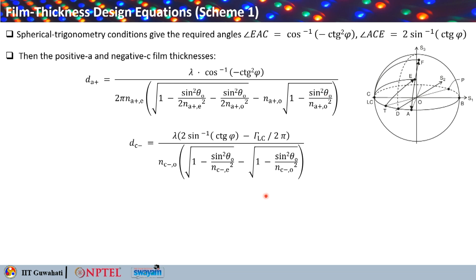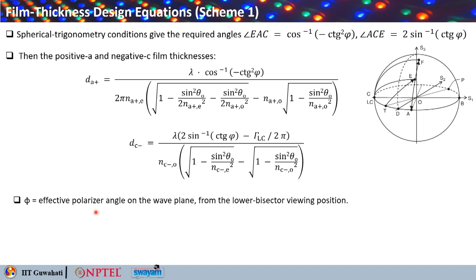You can always get these from standard catalog data for any commercial retarder films. Phi is the effective polarizer angle on the wave plane from the low bisector viewing position.